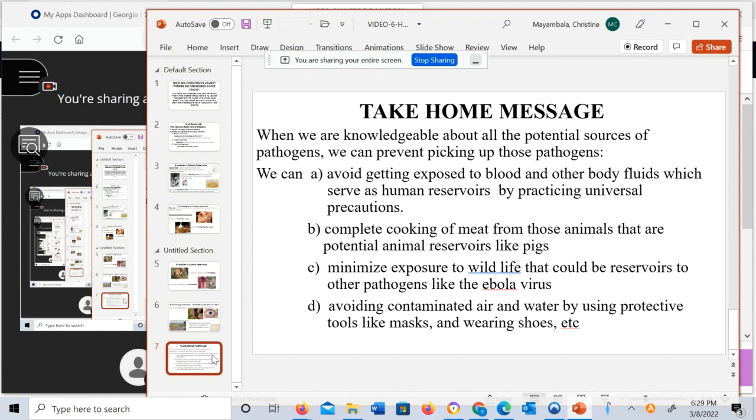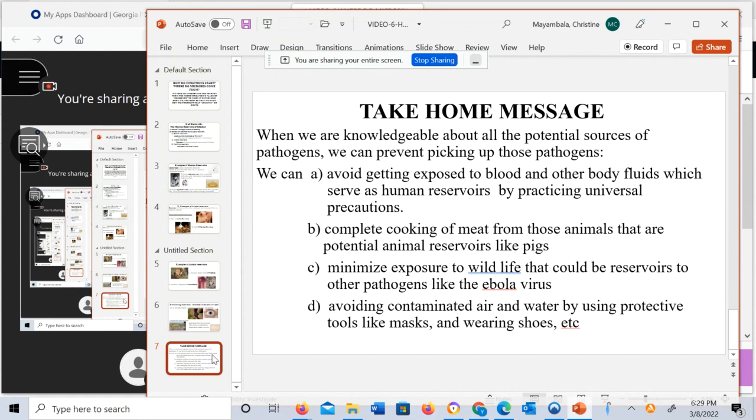Other precautions: complete cooking of food, meats like chicken and pork, to make sure that any pathogens that came from animal reservoirs like pigs and birds are completely killed. Minimizing exposure to wildlife to avoid getting in contact with viruses like Ebola.